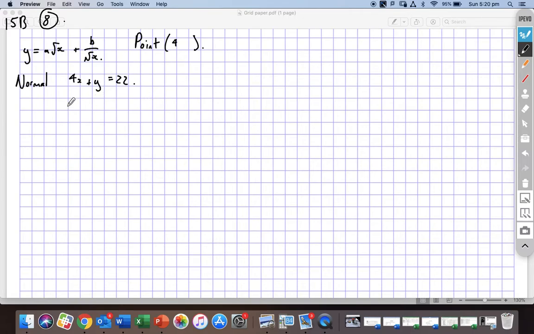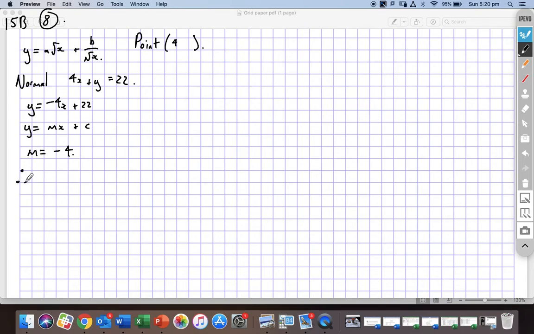The reason I want to do that is because I can get a gradient from this pretty easily. y equals minus 4x plus 22. Now that it's in gradient intercept form, as in y equals mx plus c, I can see the gradient of the normal is minus 4.